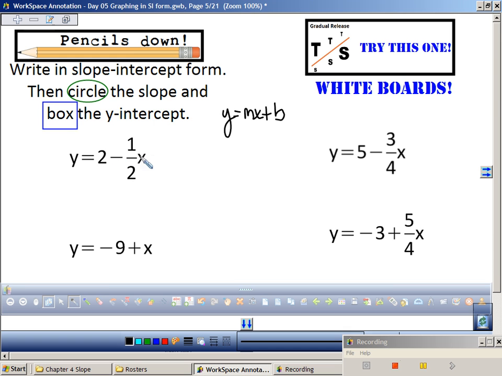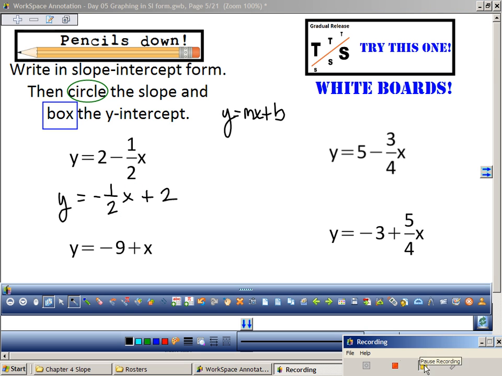Good, it's the opposite, right? I need my slope in front and my y-intercept behind it. So y equals negative 1/2 x plus 2. What property tells me that I can switch those two? Commutative property. Good. All right, let's do this one now.